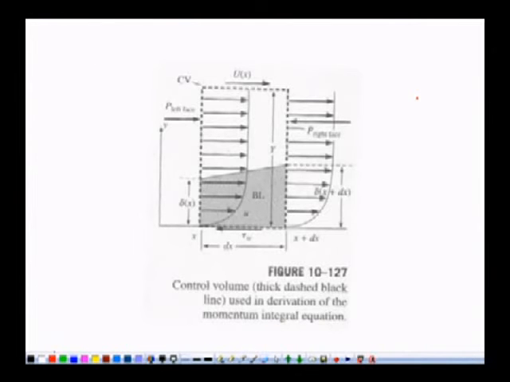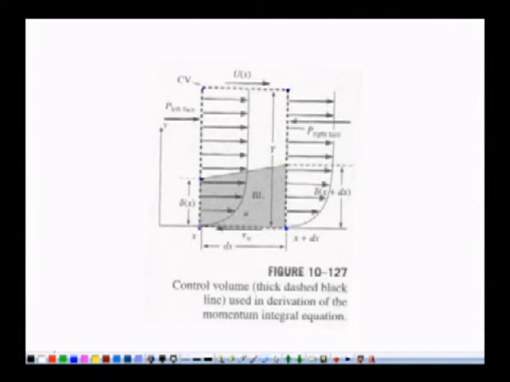So basically in von Karman's momentum integral equation, we have a control volume, and for this control volume, this is the velocity profile inside the boundary layer. From this point to this point, this is the velocity profile, and from this point to this point, this is the velocity profile shown here for the control volume, which is shown here with the help of this dashed line between these four corners.